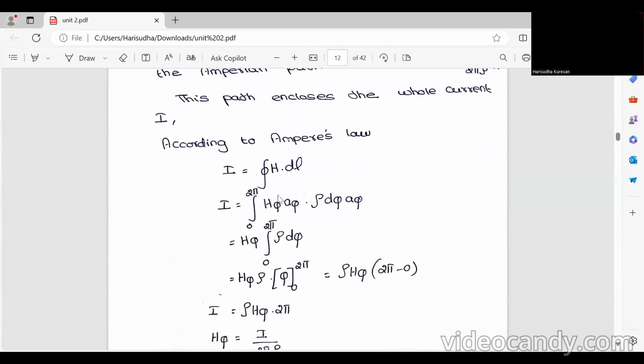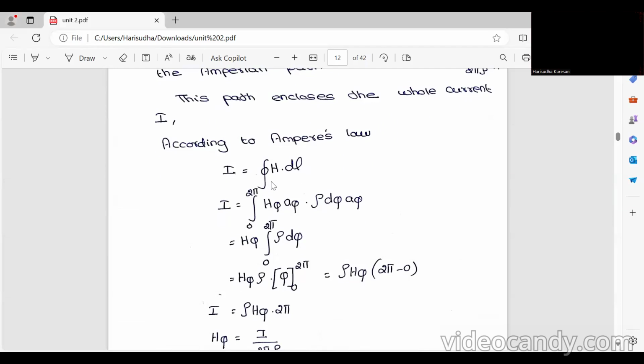I is equal to the closed integral of H dot dl. Since it is a circle, the angle goes around 2 pi. Therefore, the integral from 0 to 2 pi of H_phi a_phi dot rho d_phi a_phi. How did you get this? For a small differential length we have taken in that Ampere path, we write H dot dl with respect to the line integral.